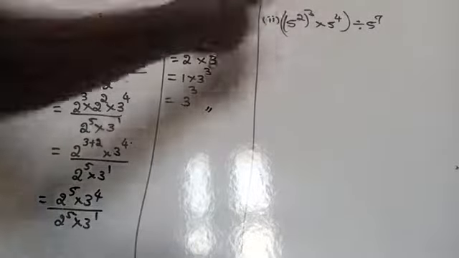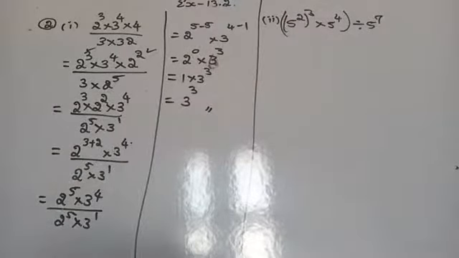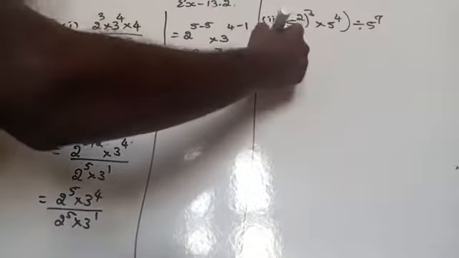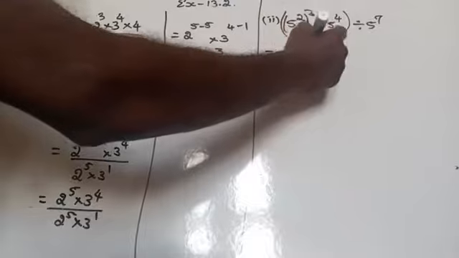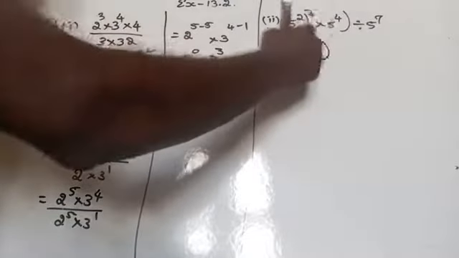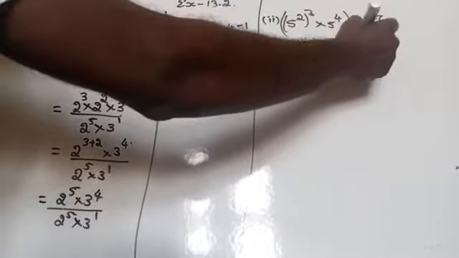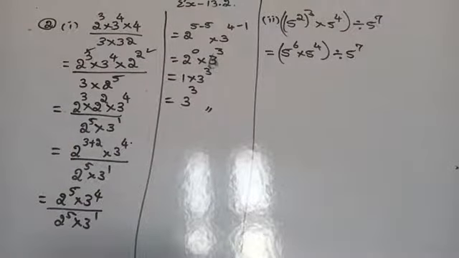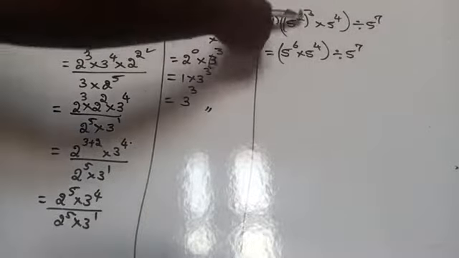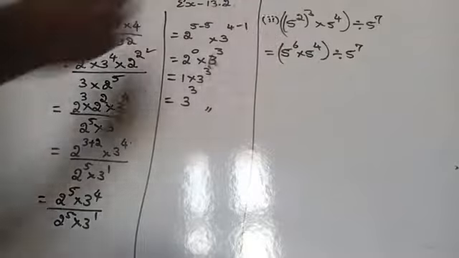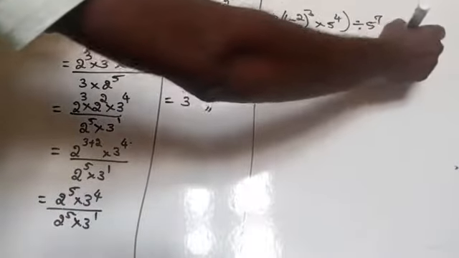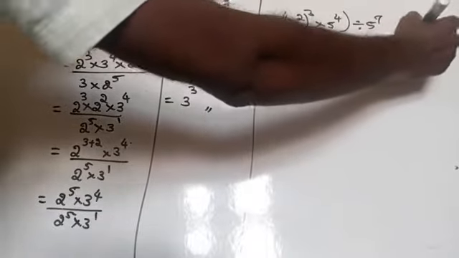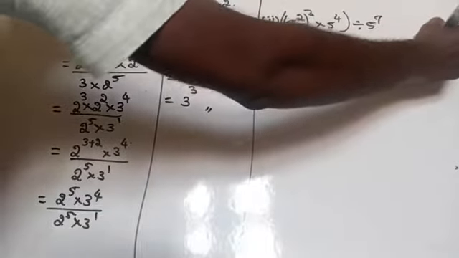Now a power m the whole power n is a power mn. So 5 power 2 the whole power 3 means 5 to the power 2 into 3, that is 6, into 5 to the power 4 divided by 5 power 7. Am I right?